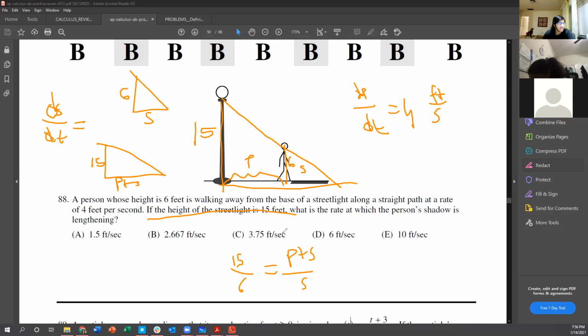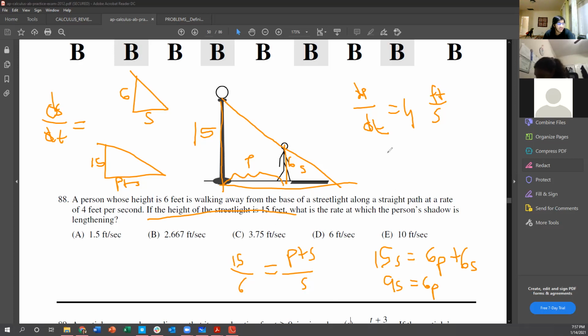If 15 over 6 equals (p plus s) over s, then I know that 15s equals 6p plus 6s. Now, 15 minus 6 is 9, so I know 9s equals 6p.